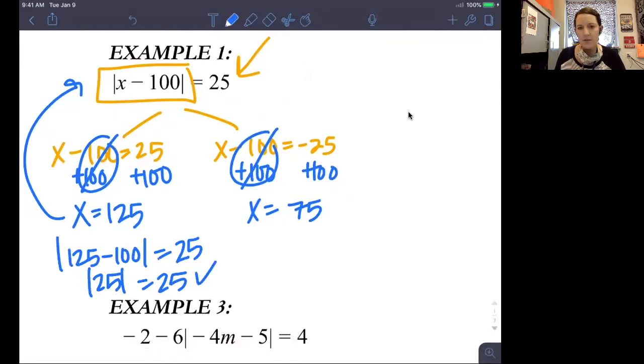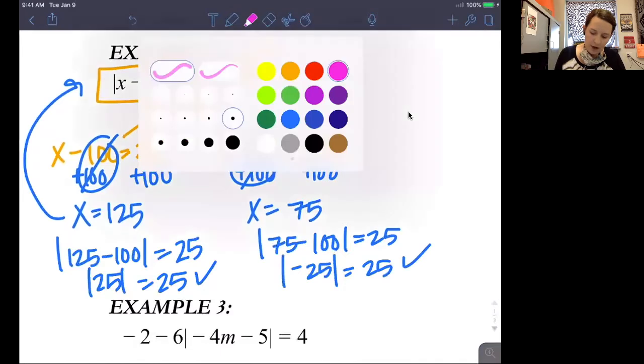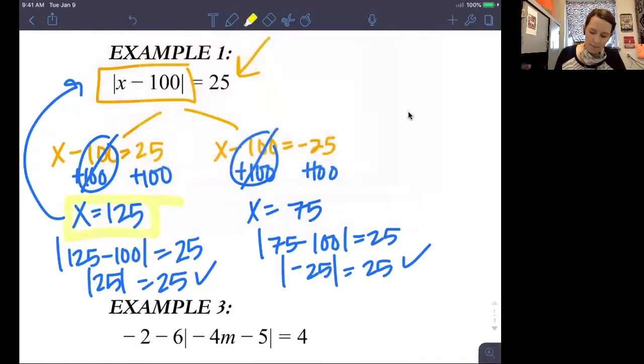So that is a good solution. Okay, same thing over here. Absolute value of 75 minus 100 equals 25. So here, 75 minus 100 is negative 25. Absolute value of negative 25 is positive 25. Perfect. So we know by checking our work that both of these values are solutions.